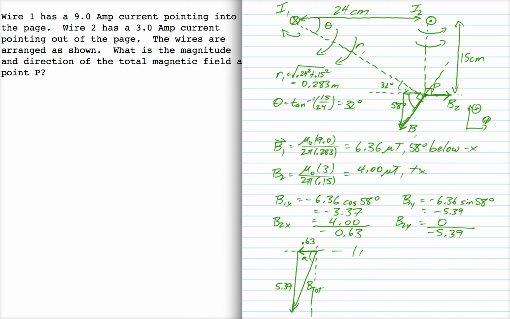So the total magnetic field, the magnitude of it, can be found with the Pythagorean theorem. And that is 5.4 microtesla. And then the direction alpha can be found with inverse tangent of opposite over adjacent, which is 83 degrees, and it is directed below minus x.